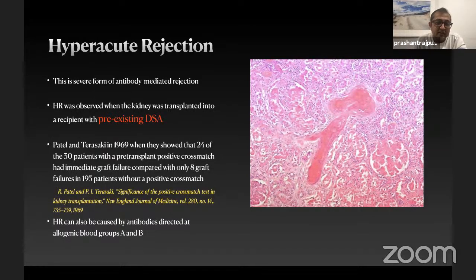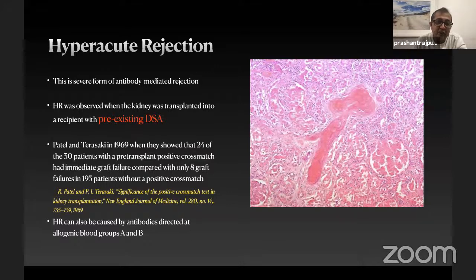It was observed that when a kidney is transplanted into a recipient with a pre-existing DSA, that leads to hyperacute rejection. So in our case, the recipient developed a hyperacute rejection in spite of a negative CDC, a negative PRA.